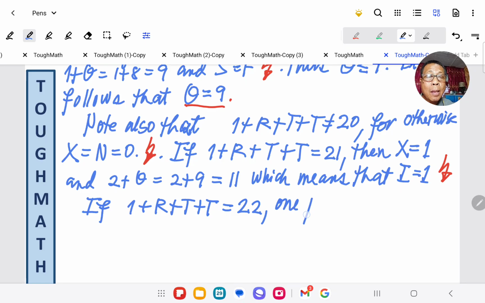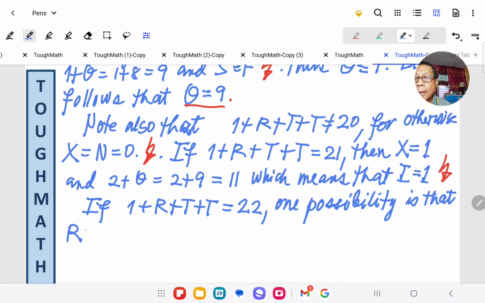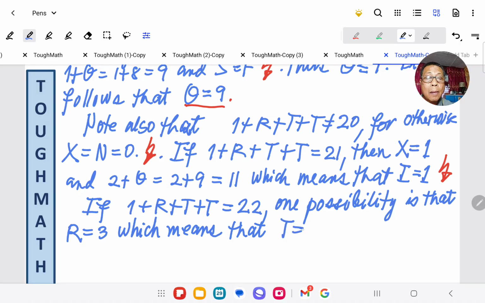So one possibility is that R equals 3, which means that T equals 9 equals O, which is another violation.